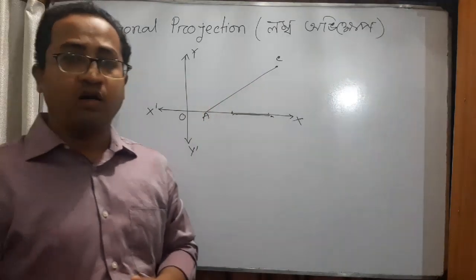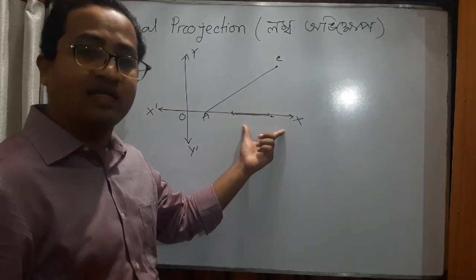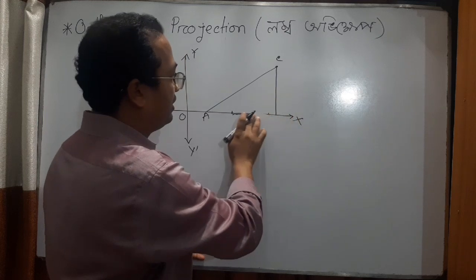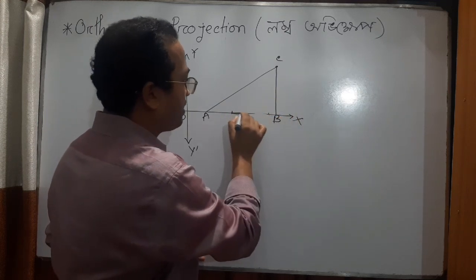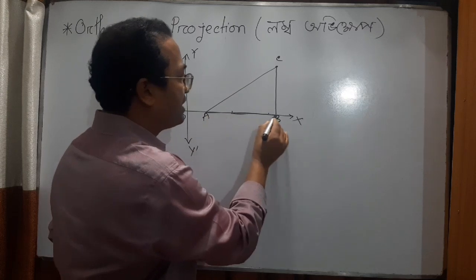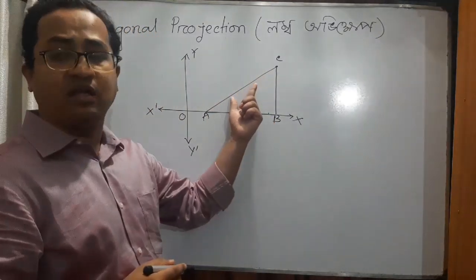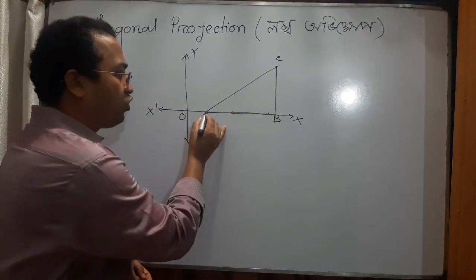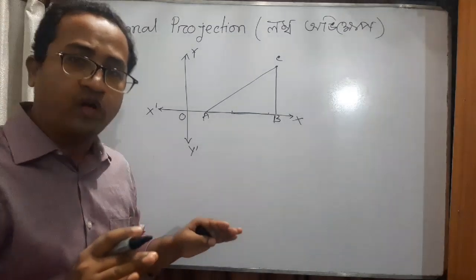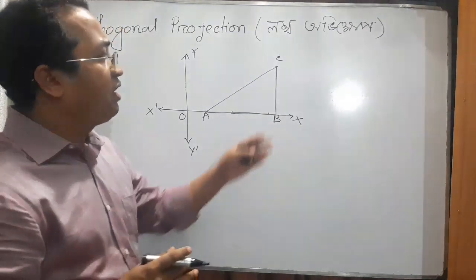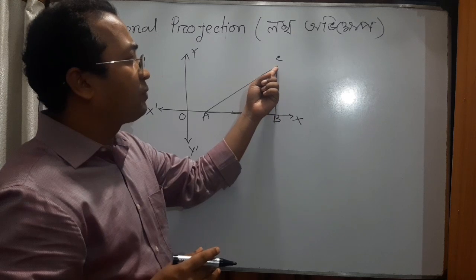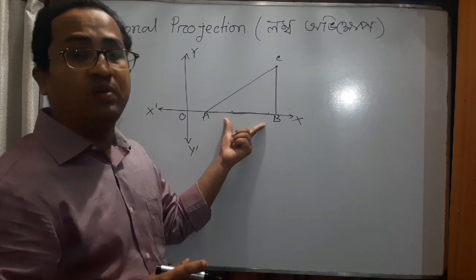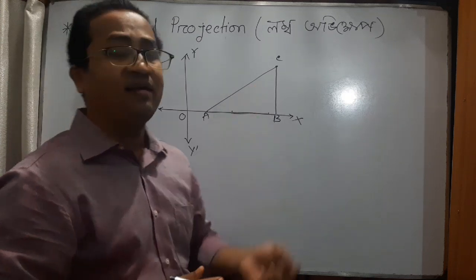Now you should draw a perpendicular from C to the x-axis, that is CB. So AB will be the orthogonal projection of AC.